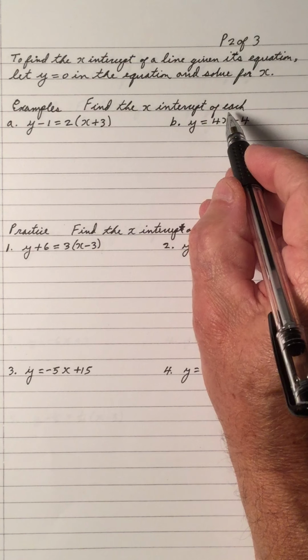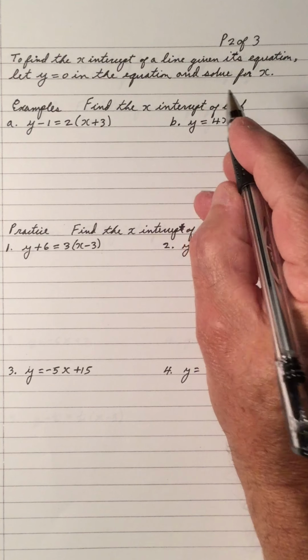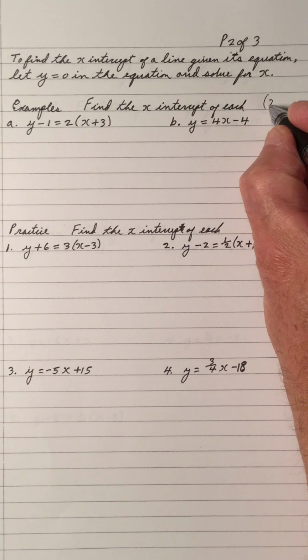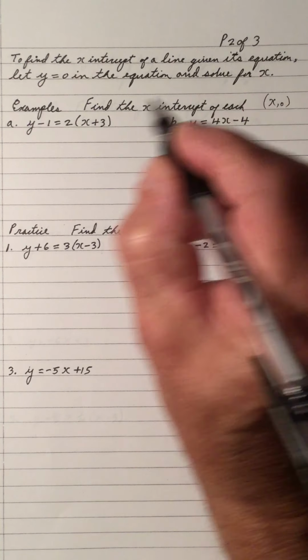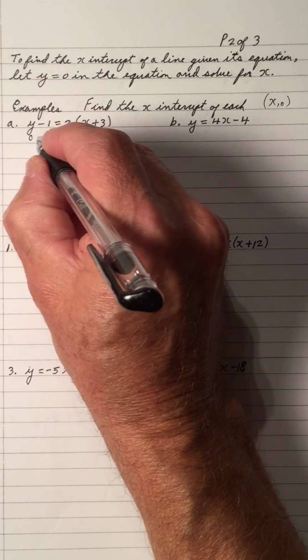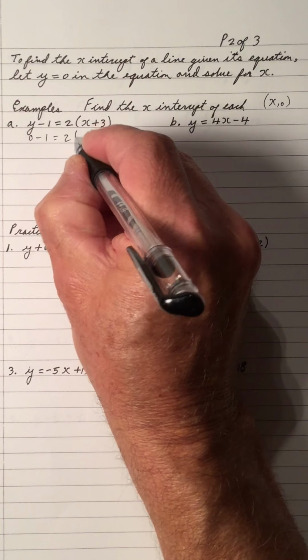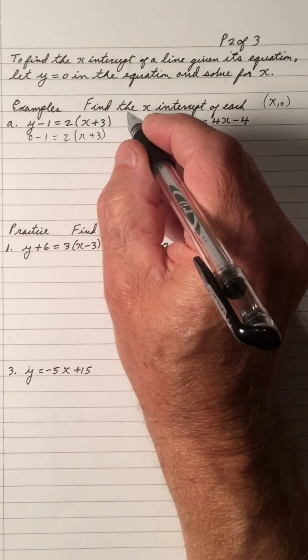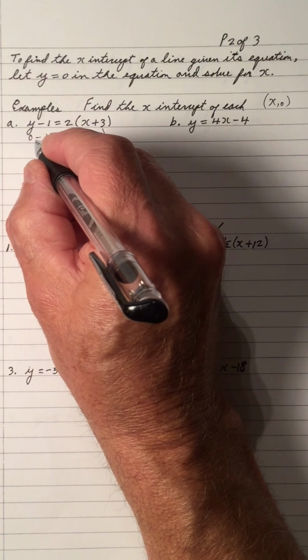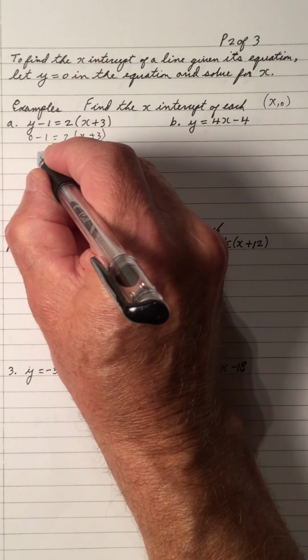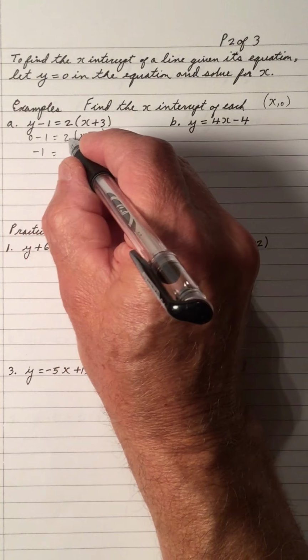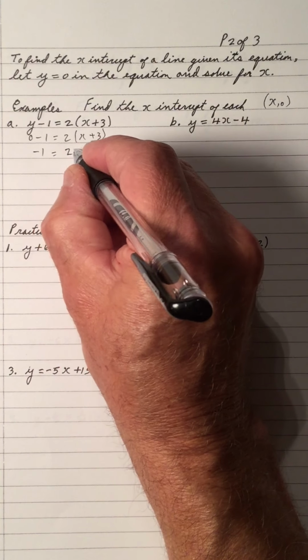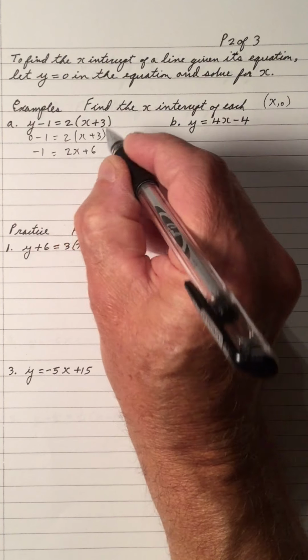Find the x-intercept. Well, if we want to find the x-intercept, it is the point x, comma 0. So we let y equals 0 in the equation. Done. And now we solve for x. So the left side becomes -1. Multiply by 2. 2 times x is 2x. 2 times 3 is 6.